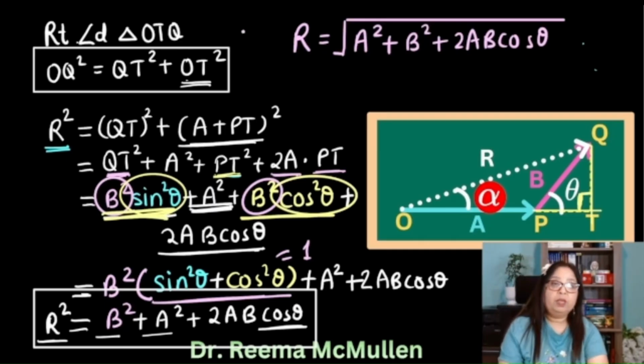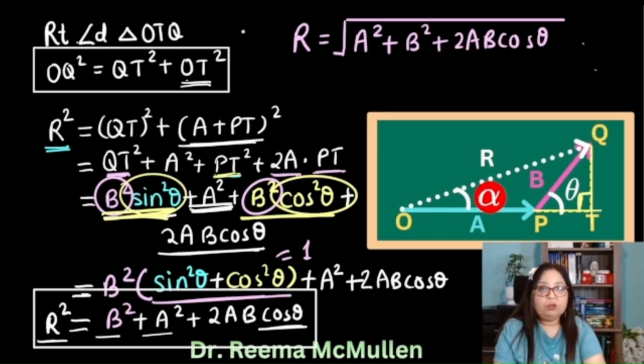So like we said, we know the magnitude of vector A. Square that magnitude, you get A squared. We do know the magnitude of vector B. That gives us B squared. And we do know the angle theta between vector B and vector A. That's it. Done with the magnitude of vector R.